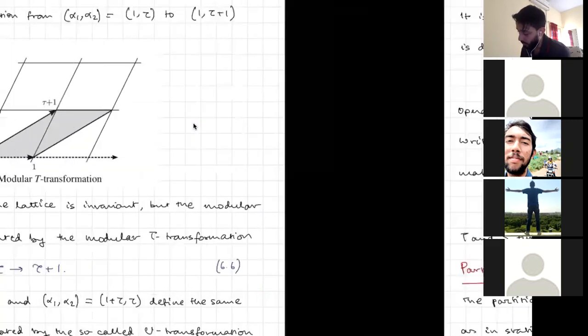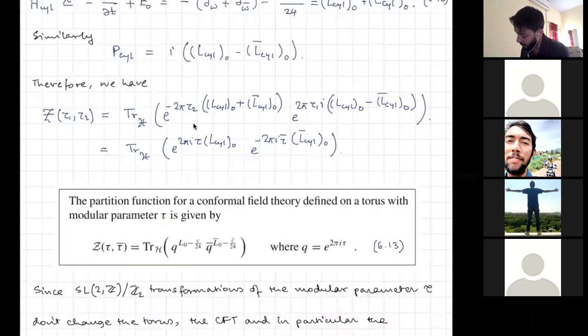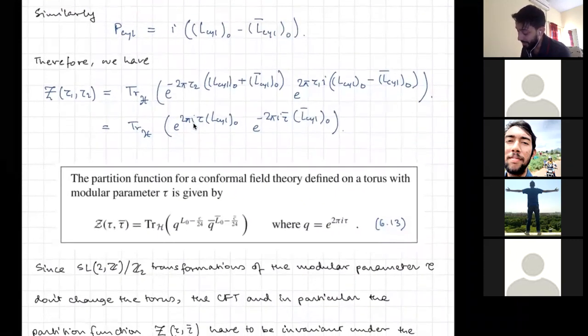So going back, we find that Z is going to be given by this form where you have written q as e to the 2 pi i tau. So it's q to the L naught minus C over 24, q bar to the L naught bar minus C over 24. Okay. Notice that if you were to translate these, there is an extra sign out here which you need to keep in mind.